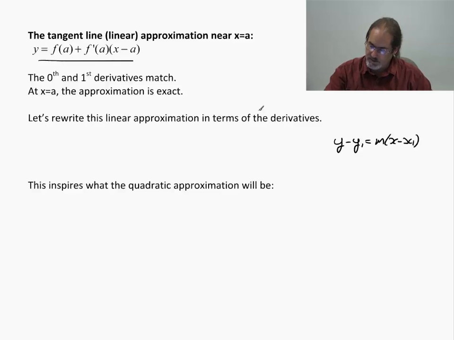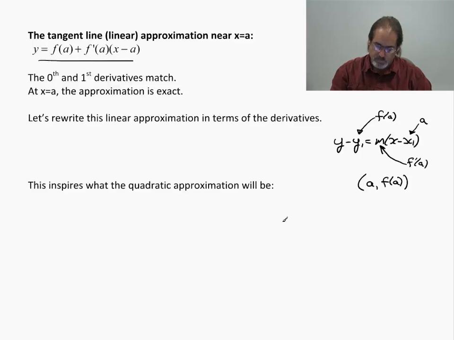Well, that's what this is, because y1 is f of a. F prime of a, that is what we use for the slope. And of course, x minus x1, the x1 is actually going to be the value a. Because remember, I'm going to have the point that I'm going to match it up with. The point will have the coordinates a, f of a.